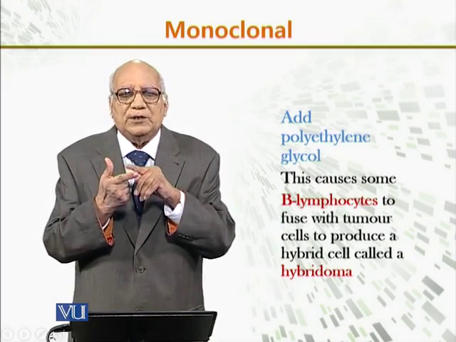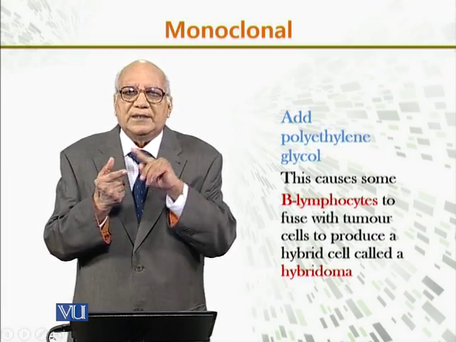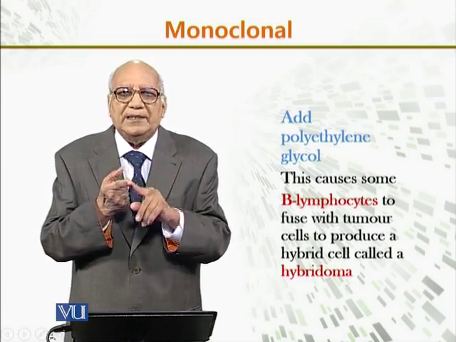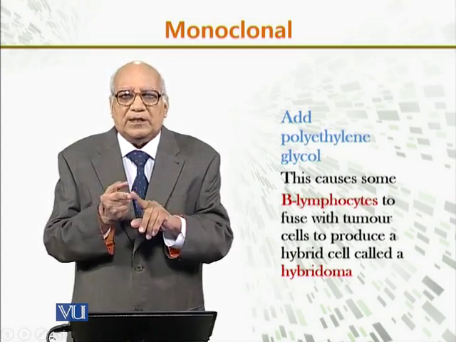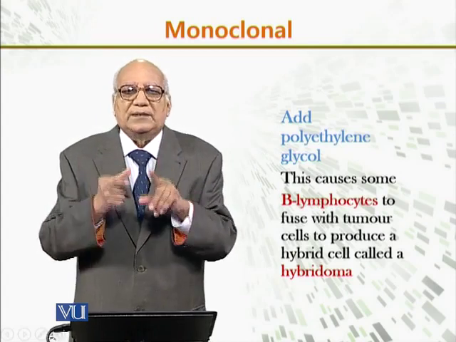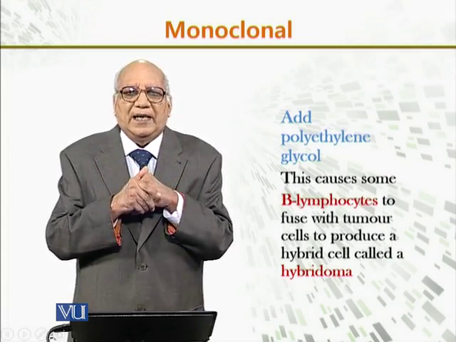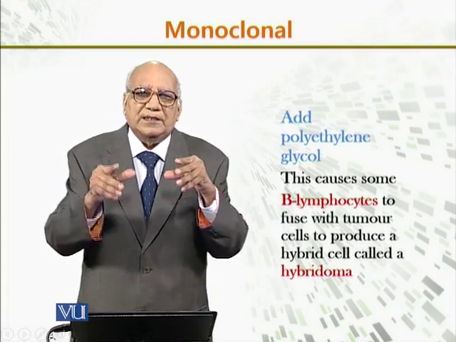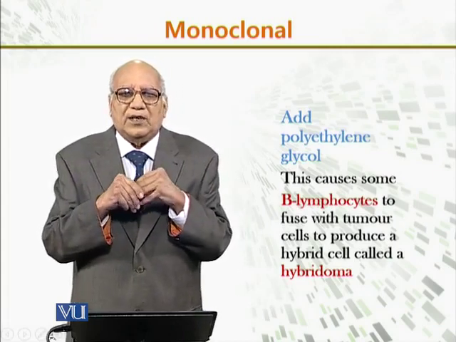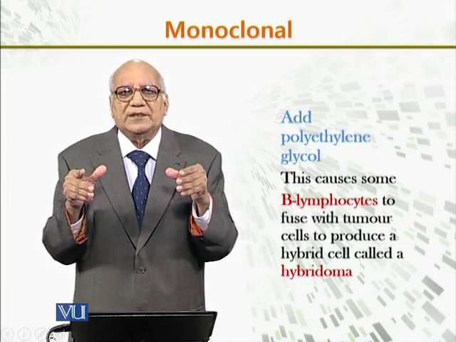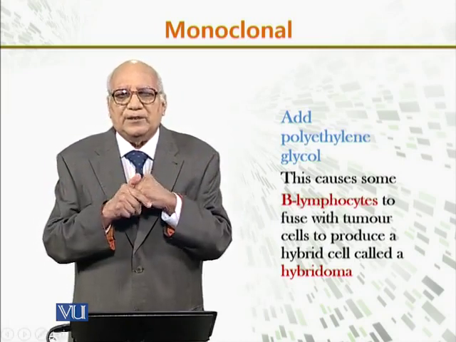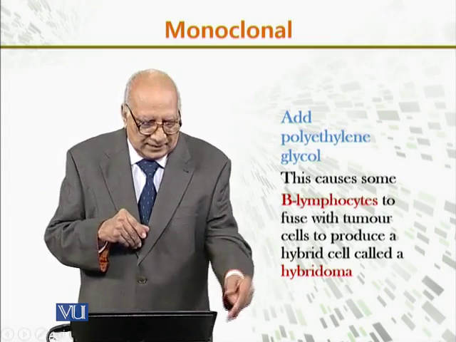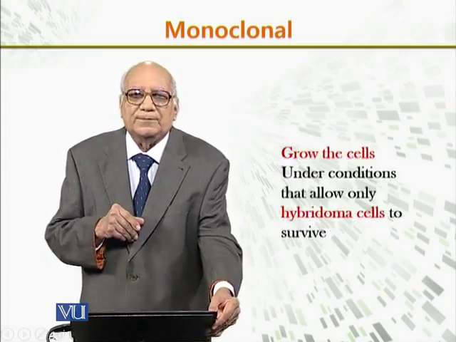We took the spleen cells, grew them time and again in the lab, then took the tumor cells, put them on the dish and added polyethylene glycol, which causes some B lymphocytes to fuse with the tumor cells, and that fused cell is called a hybridoma.